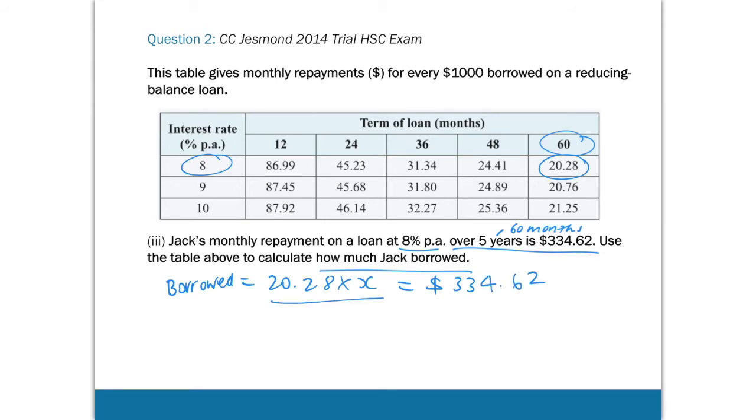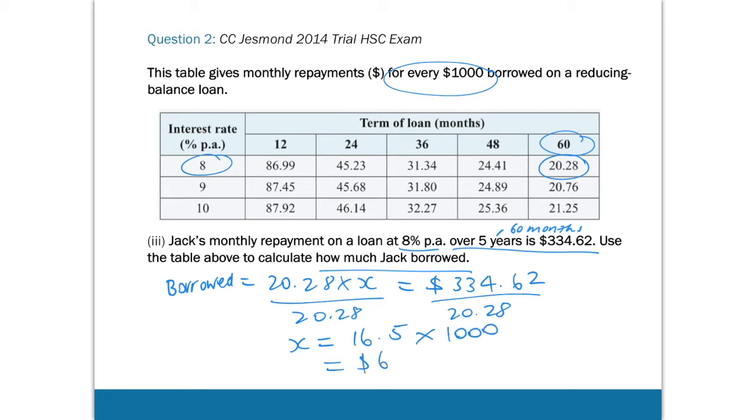We just divide by 20.28 on both sides, and this gives us what x equals, which is 16.5. And because it's for every $1,000 borrowed, we need to times our principal by 1,000. So that will give us 16,500.